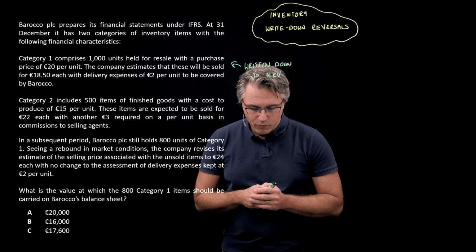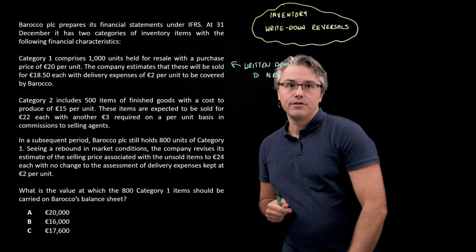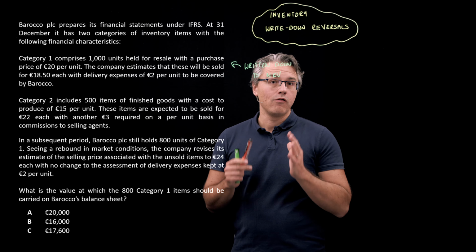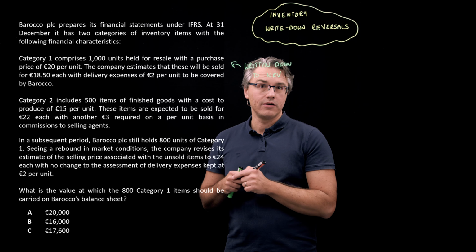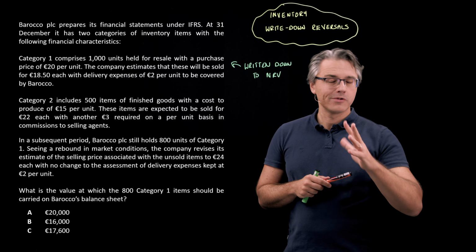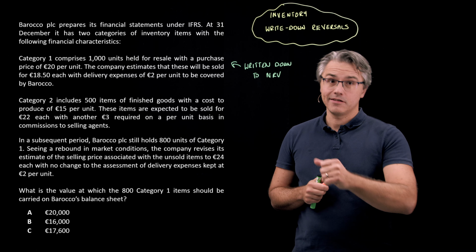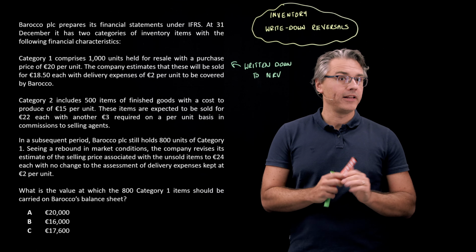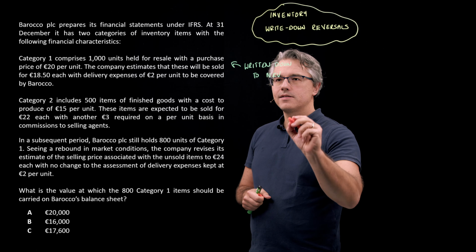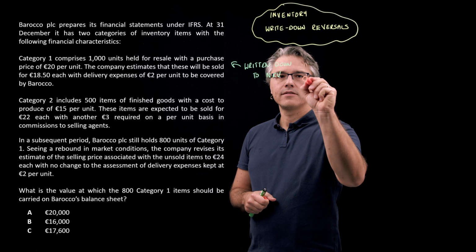So essentially what we need to do is once again take a look at the comparison of cost and net realizable value. If you're not sure what a net realizable value is, go back to the previous video.